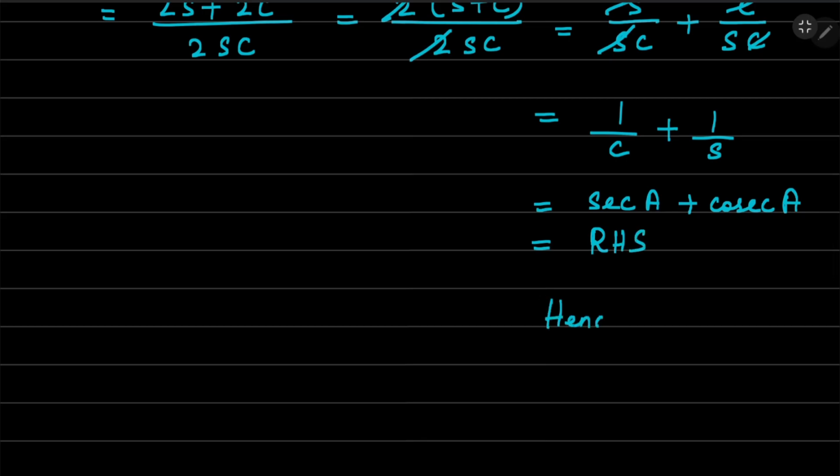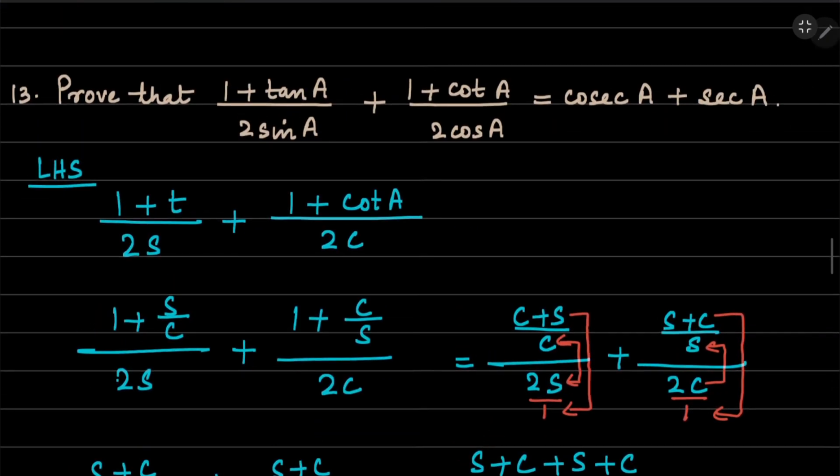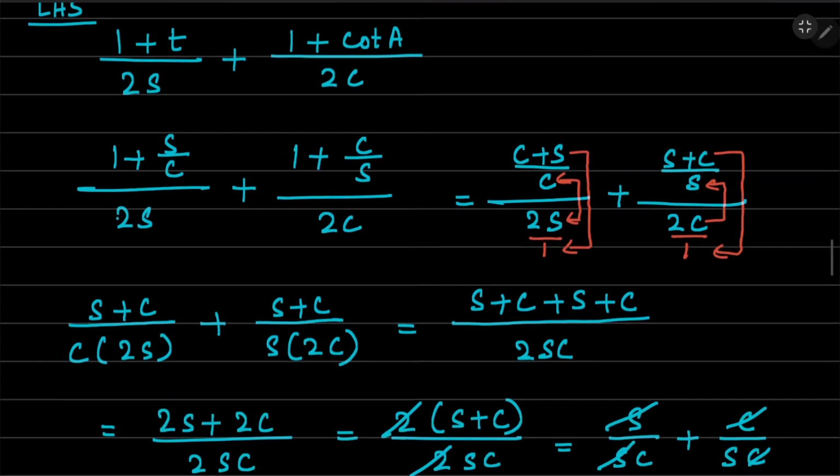So see how easy this is, right? Once you convert everything into sine and cos and just keep an eye on your RHS, just go about it very carefully. These are the things which you have to be very careful about, like taking the LCM when you're solving a numerator fraction and a denominator fraction, fraction over fraction. How do you combine the terms, the numerator of the above fraction with the denominator of the below fraction, and the denominator of the above fraction with the numerator of the below fraction?